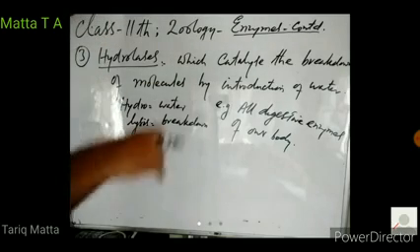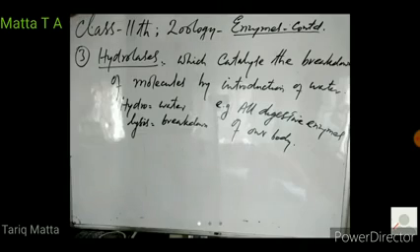If you remember, amino acids combine and form polypeptide chains. Then polypeptide chains get three-dimensional structure and form the protein, right? So if we have to break a protein into amino acids, how can we digest a protein into amino acids?